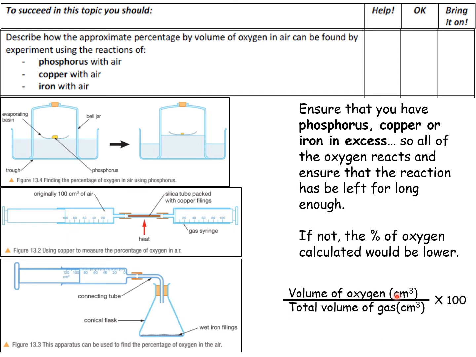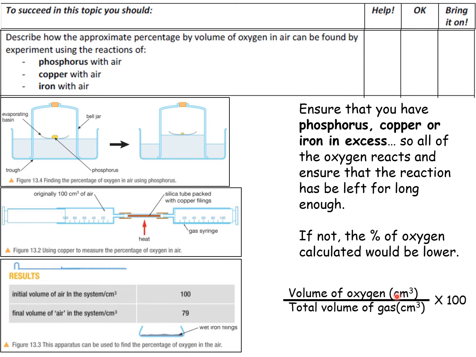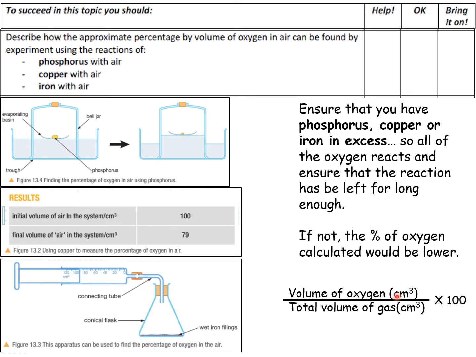This is the calculation that you can use. The volume of oxygen divided by the total volume of gas in the system. So in the first one, if you had 100 centimeters cubed of air in here, then at the end of the reaction, you had 80 centimeters cubed of gas left.